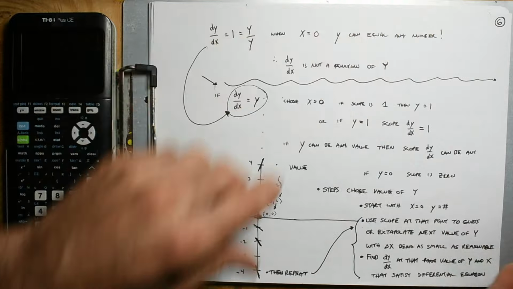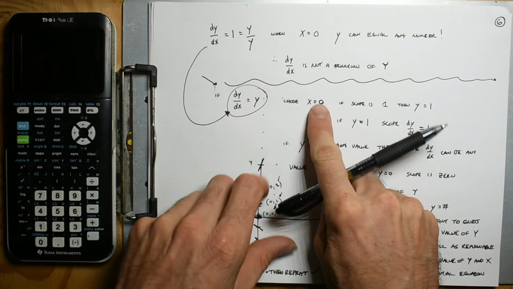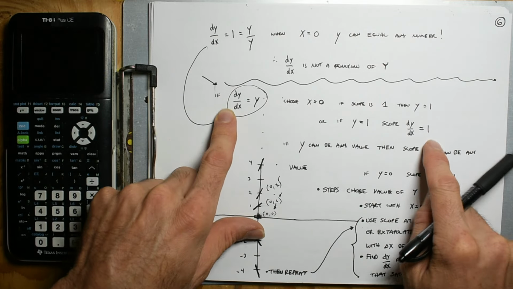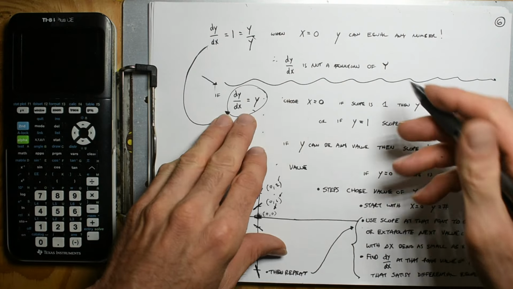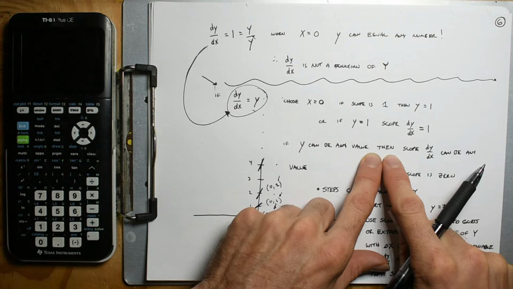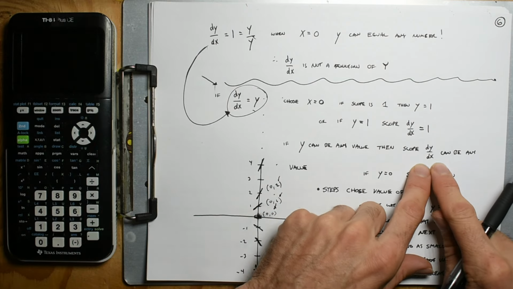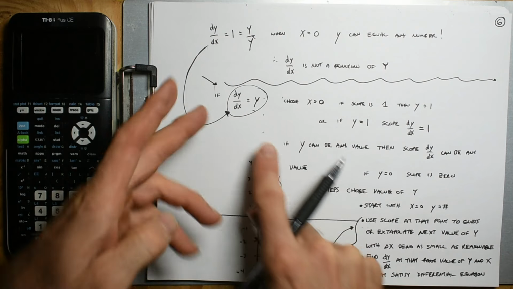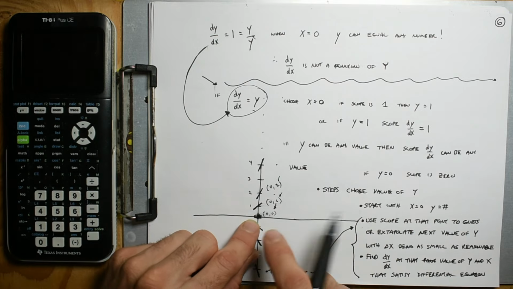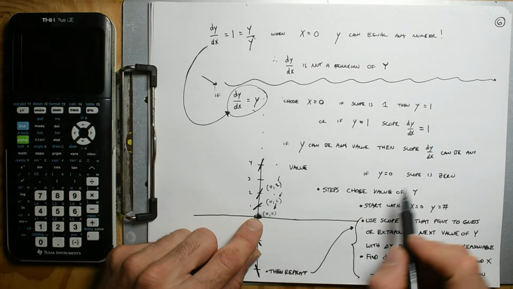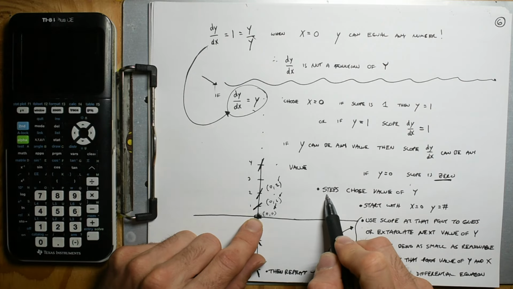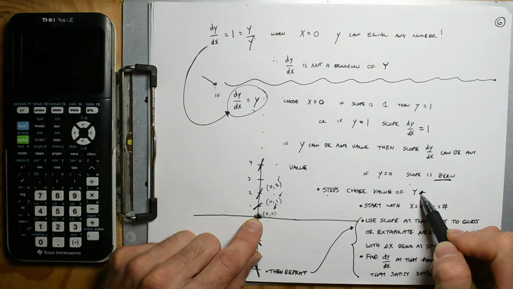If x is equal to 0 and y is 1, this slope becomes 1. But the huge hiccup was I was thinking this was the original problem. It's not. So if y can be any value, then the slope can be any value, just for this new problem that we're looking at. So if my y value is 0 and x is 0, y is 0, the slope is 0. So in this process, you need to choose a value of y.